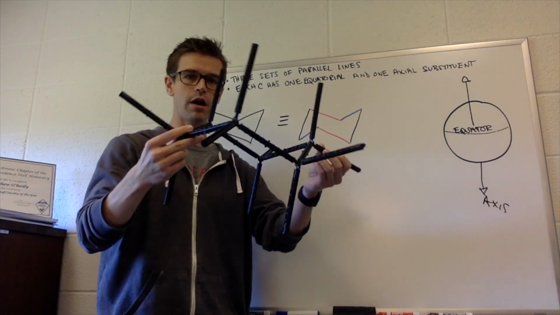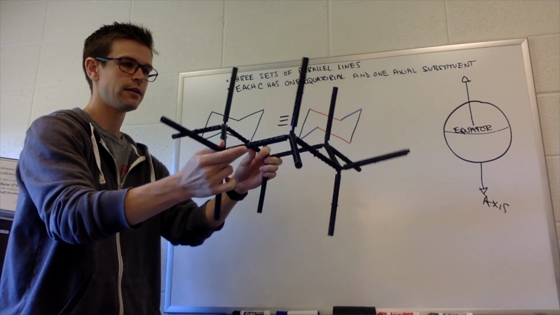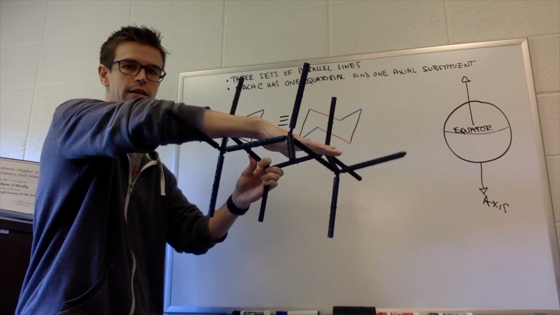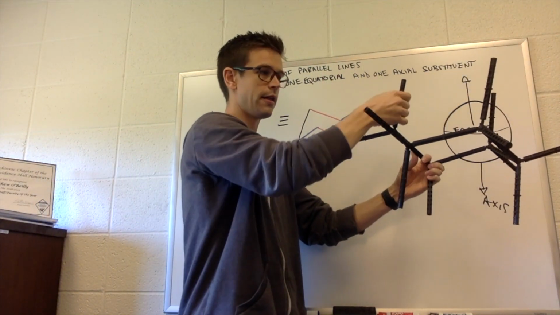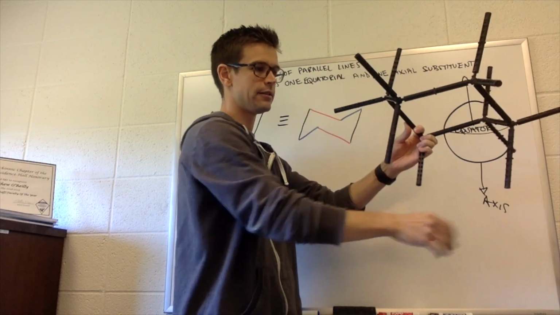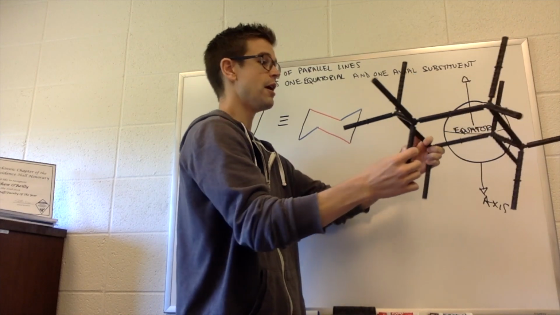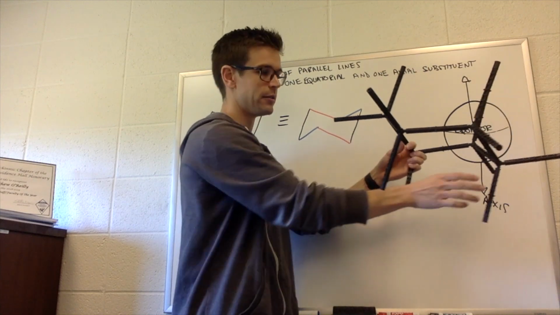On this model, what we can see is that if the cyclohexane is the globe, the substituents that are up, this and this are up, this and this are down. These are the northern substituents. These are the southern substituents.